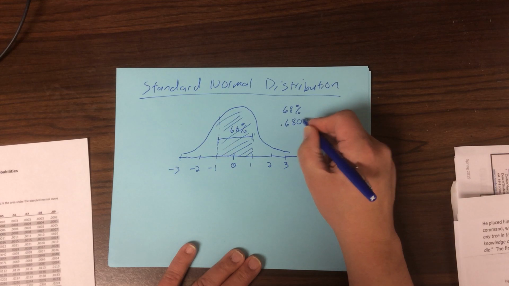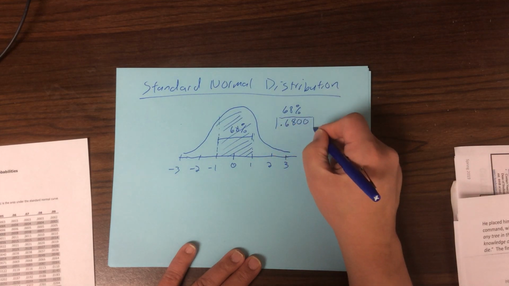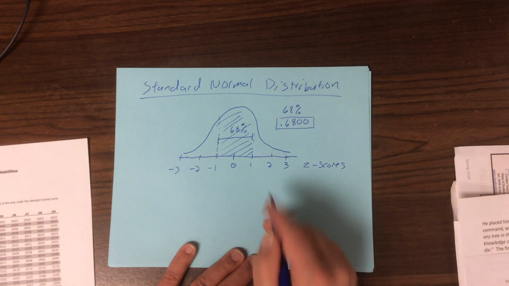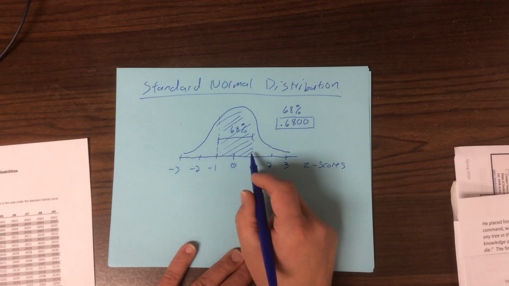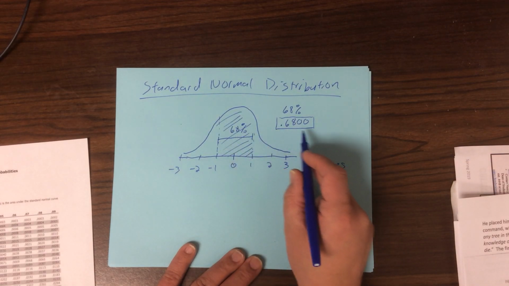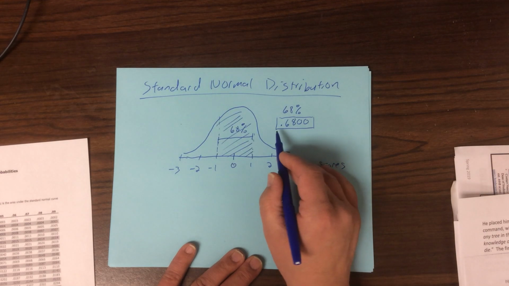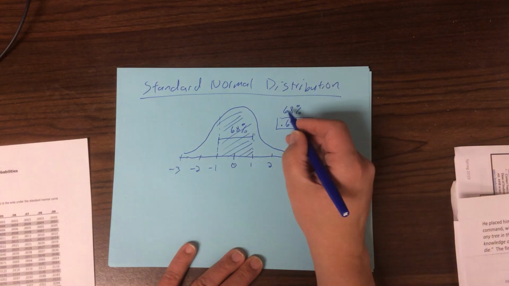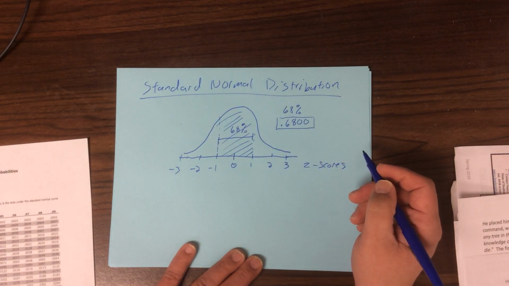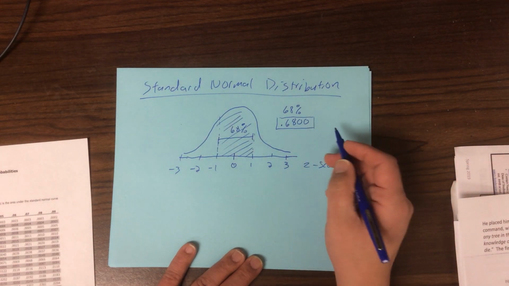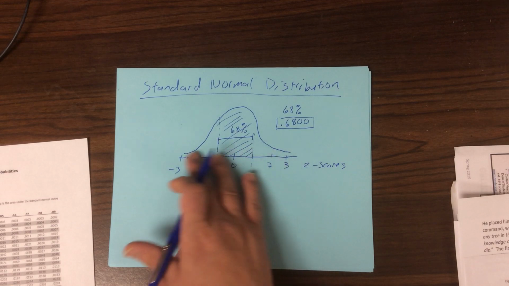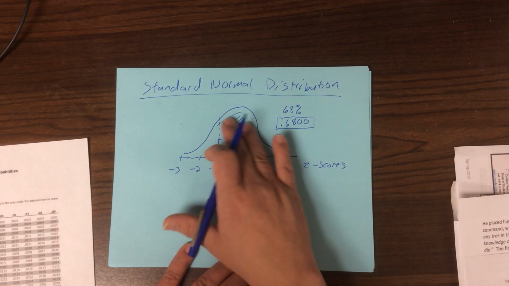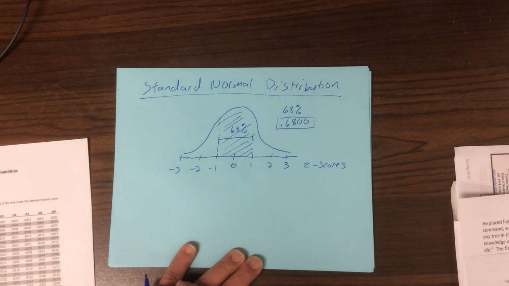And the table gives all the areas to 4 decimal places. Okay? So the area between -1 and 1 is 0.6800. When I convert that to a percent, I'm just moving the decimal point over 2 places, and I'm getting 68%. Okay, so the area is the decimal form of the percent, and you can think of the total area here, 68% of the area is right here.